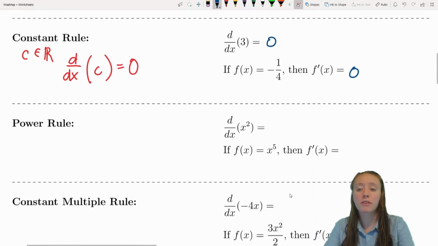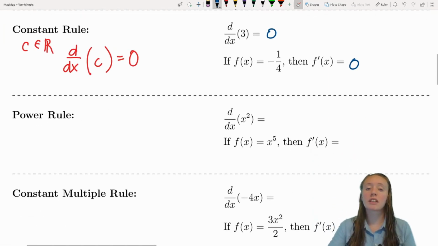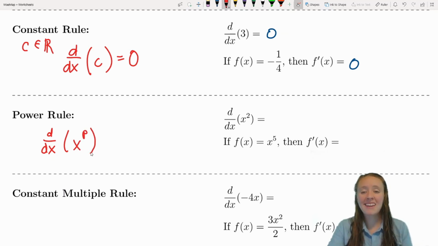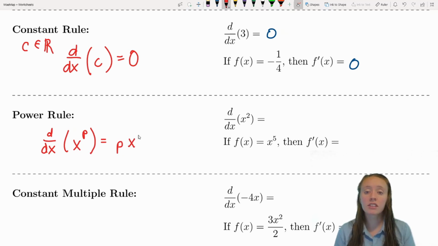Let's move on to the power rule. Now the power rule is a little bit more complicated, but it's used a lot, so just keep practicing and you'll get the hang of it. The power rule says that if we're trying to take the derivative with respect to x of some variable x to the power of p, where p is in the real numbers as well, we're going to bring that exponent down in front and then multiply it by that variable x to the power of p minus 1.